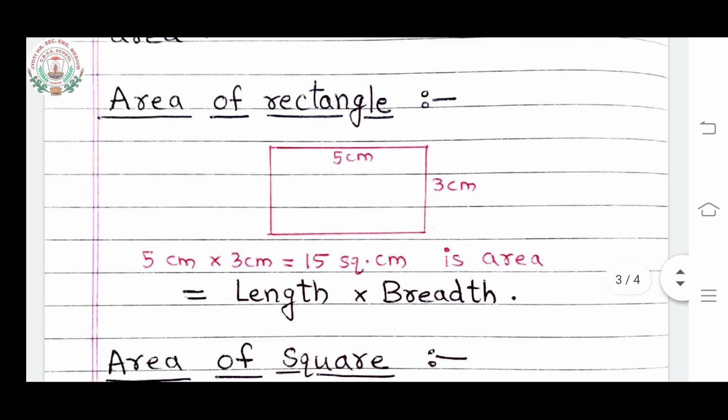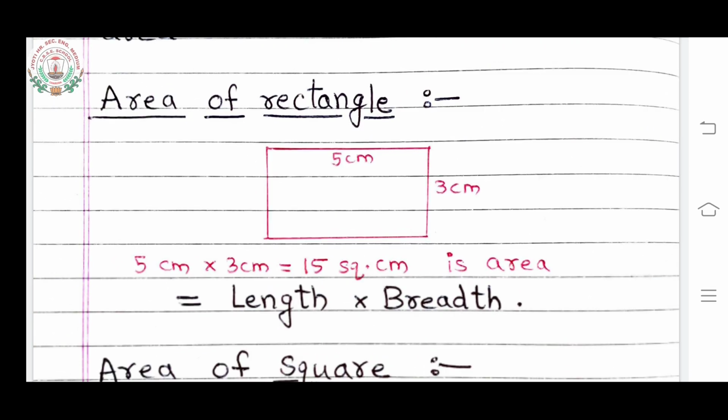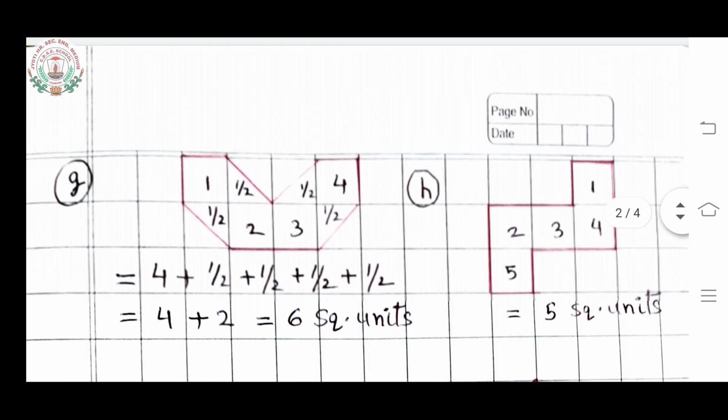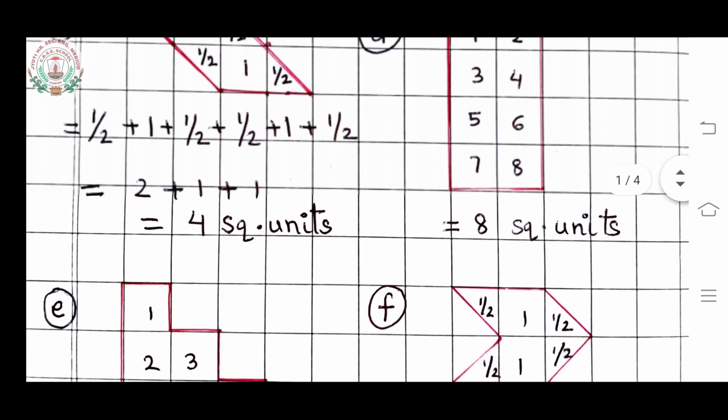Area of rectangle we will see. Area of rectangle, like this rectangle we are seeing. So length into breadth is the formula for area of rectangle. If this rectangle you are going to draw on the square box rectangle, like question number D also I have told that it is looking like rectangle, simple rectangle.